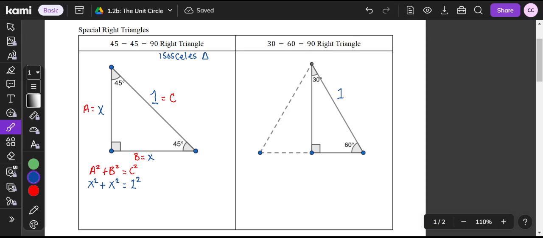When I do that, I have these two x squareds, which combine into 2x squared. And 1 squared is 1. To finish solving, I'm going to get this 2 over to the other side by dividing. Then I'm going to take the square root of both sides.